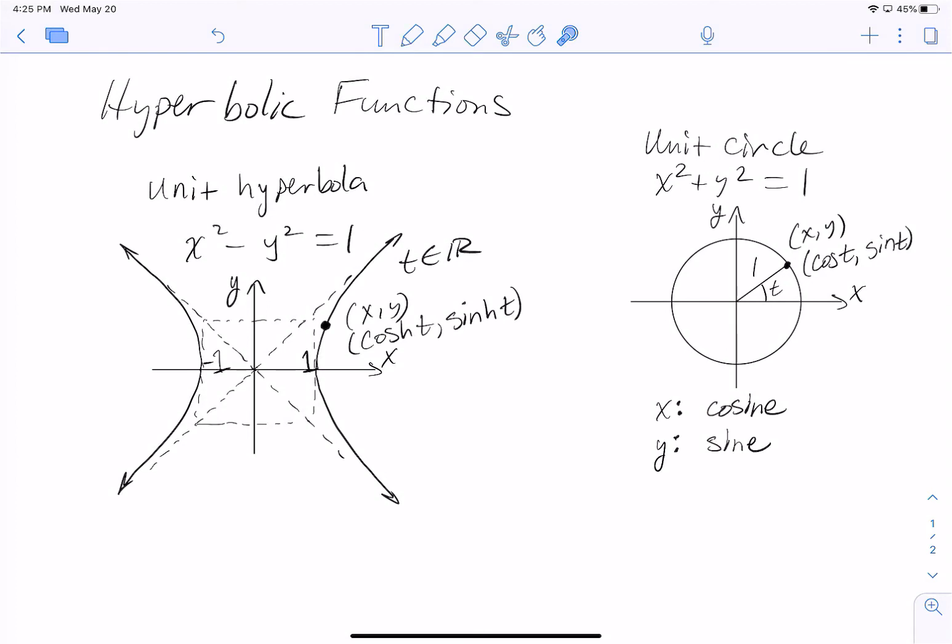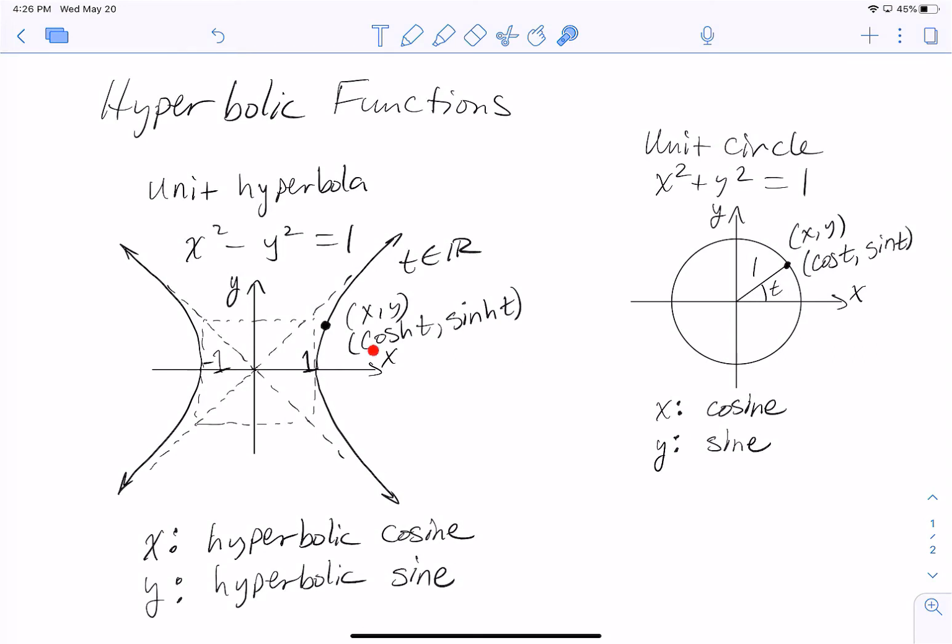So for a point on the unit hyperbola, x is associated with the hyperbolic cosine, and y is associated with the hyperbolic sine. They are spelled, or they're abbreviated, cosh and sinh.